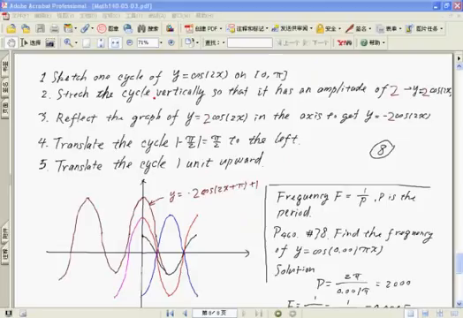Now let's look at step 3. Step 3, we need to reflect the graph of y equals 2 times cosine of 2x in the x-axis, to get y equals negative 2 times cosine of 2x.